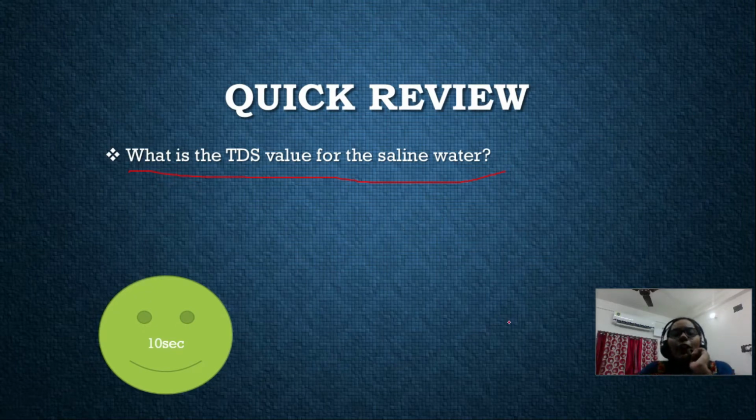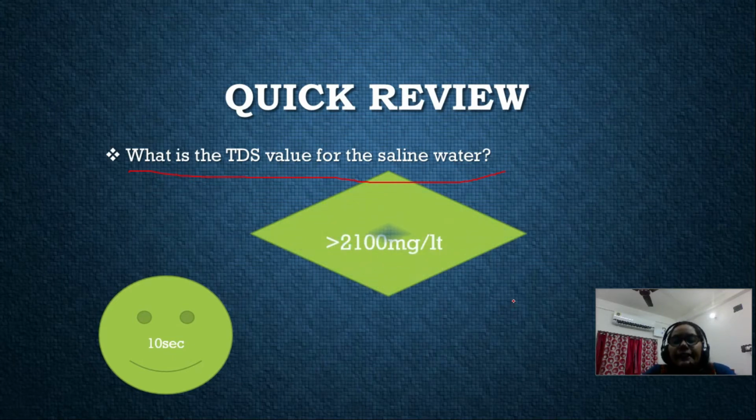Okay, your 10-second time is over. Here is the answer. It is greater than 2100 milligram per liter. This much amount of TDS we have for saline water.